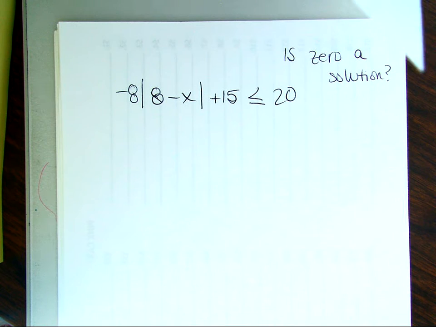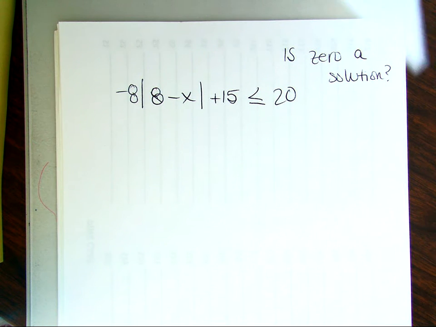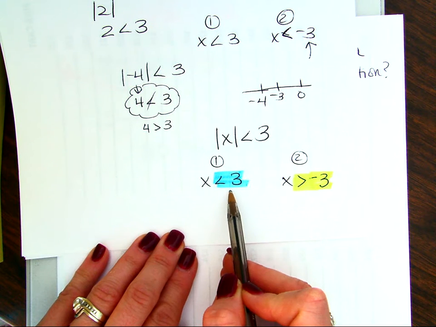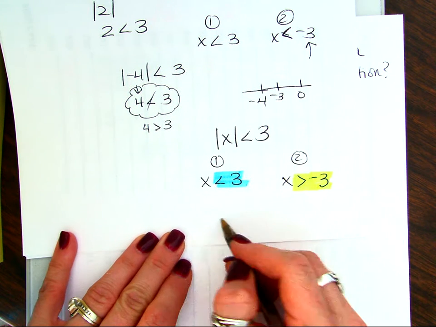All I'm looking for is a yes or no answer. If I were to say solve this, and does 0 fit in with what you're telling me, let's go back to some of the problems we did. Some of the answers said x can be less than 3 or greater than negative 3. Let's talk about what that looks like on a graph.